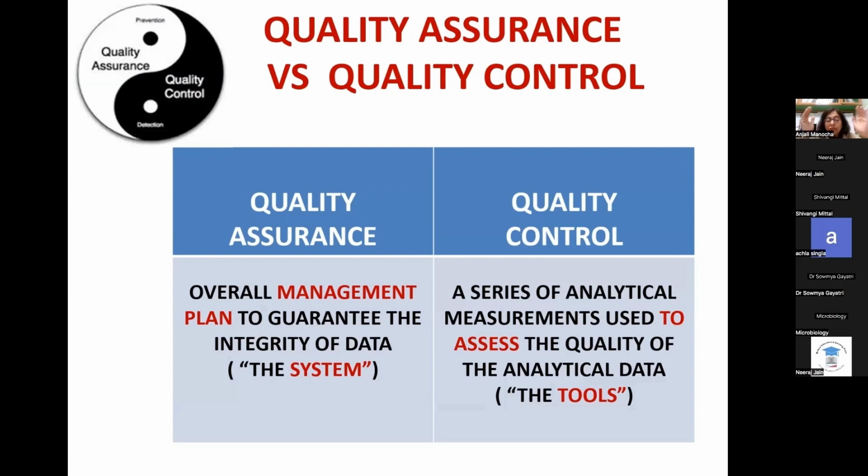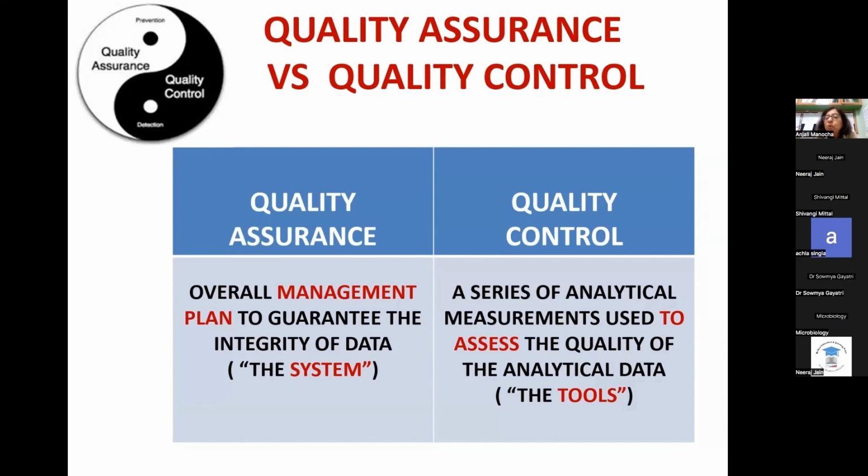That is right from the sample taking, from the doctor writing to the sample being taken, to the transportation, to the pre-analyticals, to the analyticals, the post-analyticals, the documentation, everything, which includes the entire quality system.